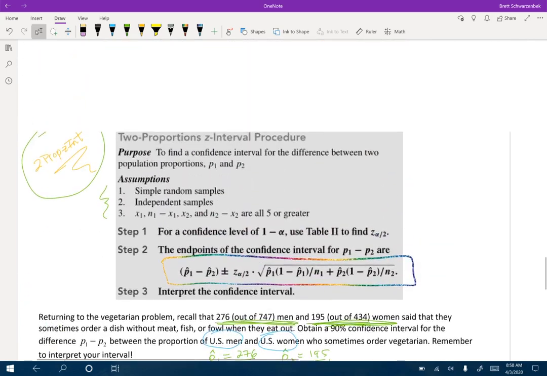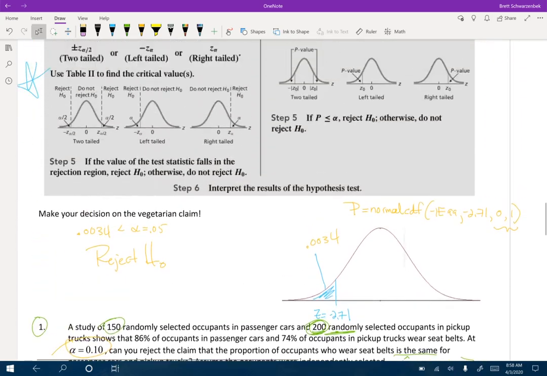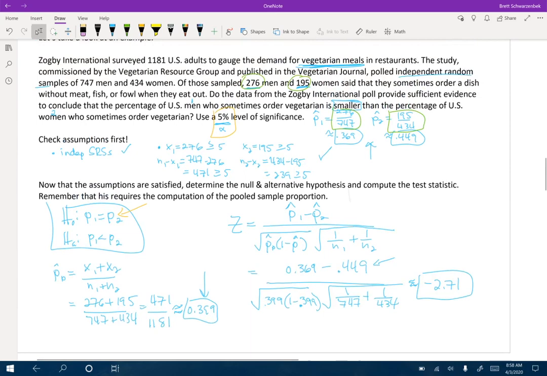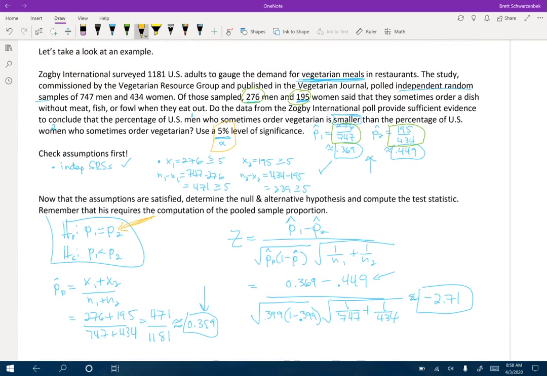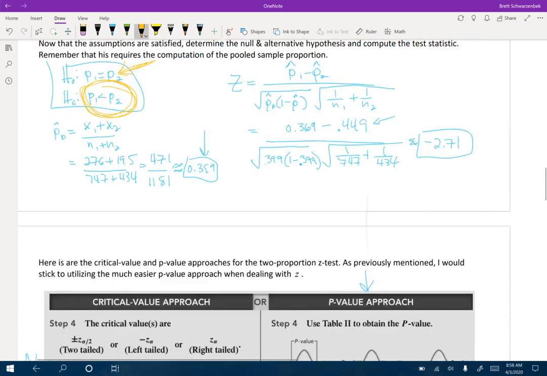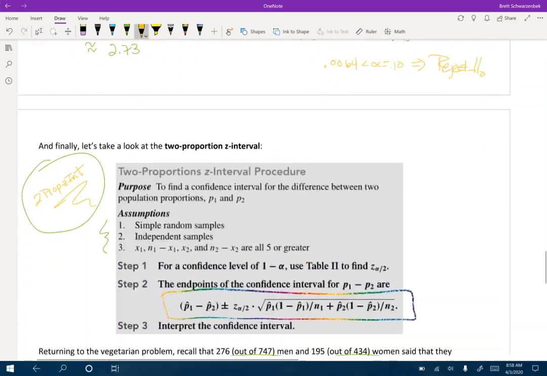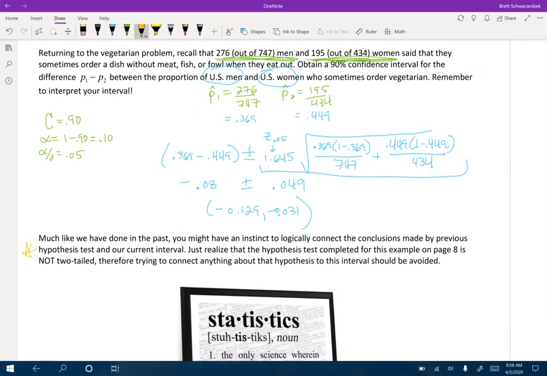If you go back to the test that we did for the vegetarian business, it was a left-tail test, or in other words, a one-tailed test. It wasn't two-tailed, which means we cannot use this interval to make a judgment about that test like we have before. We can only do it if it's a two-tailed test.